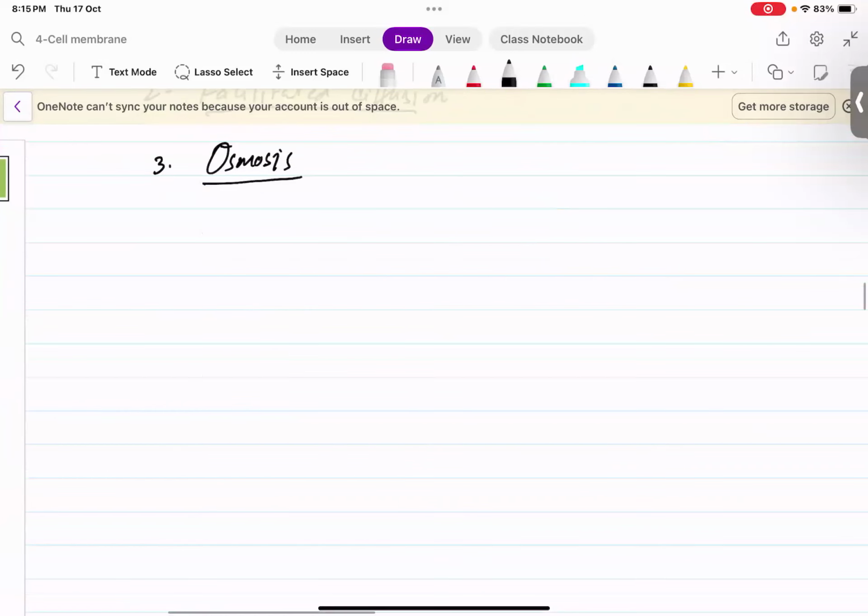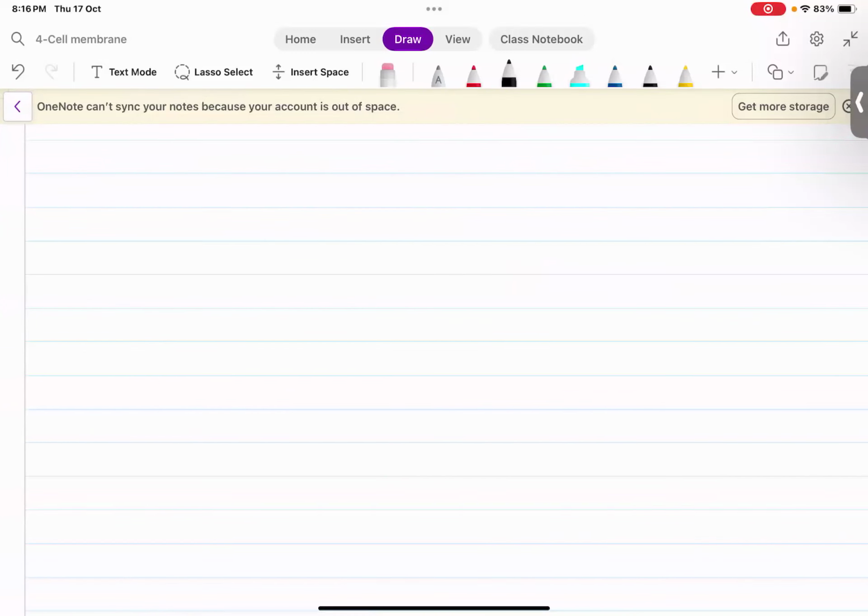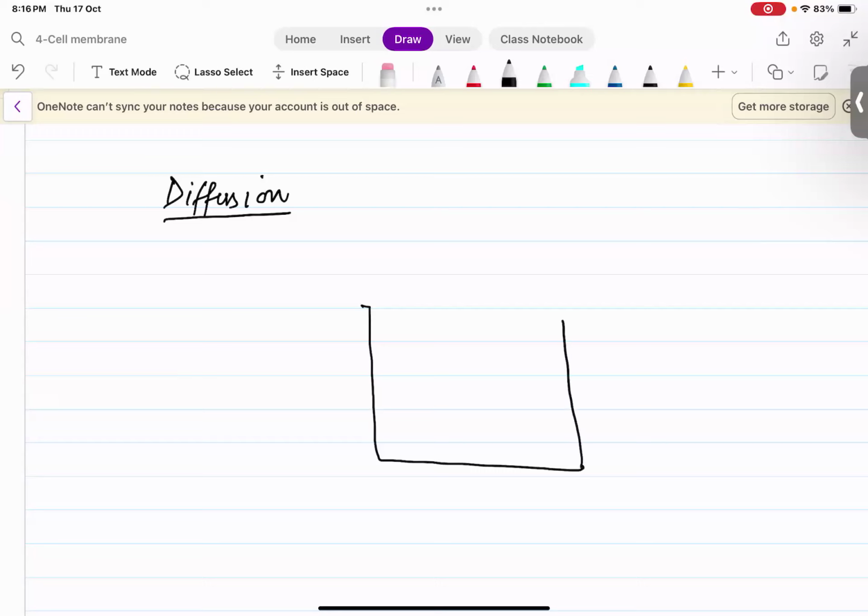So let's see diffusion first. What does diffusion mean? If we look at maybe a room, or maybe if you can take an example of a beaker. This beaker has water put into it. So this is water.